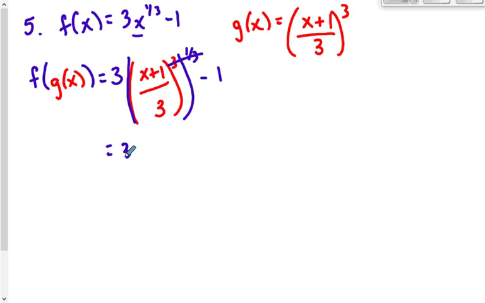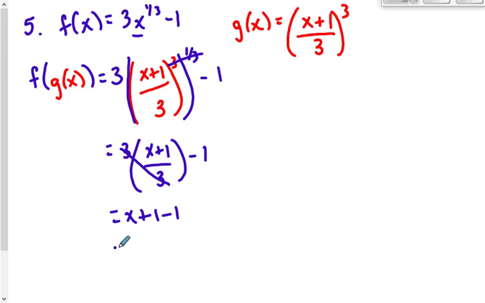So I have 3 times x plus 1 over 3 minus 1. Now what? Multiply, so 3 on top, 3 on bottom, they cancel. And I have x plus 1 minus 1. Plus 1 minus 1 leaves me with x. So f of g of x is x.